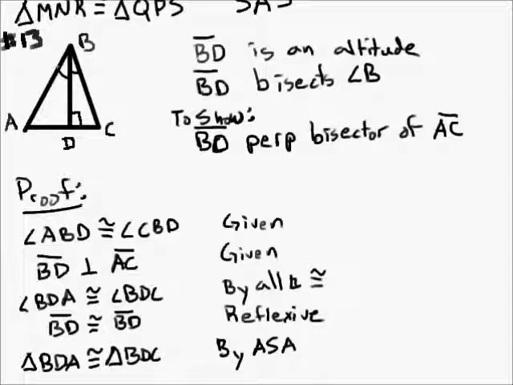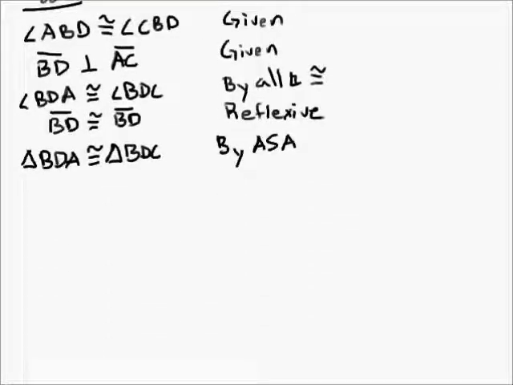First, I have this angle, this side, and this angle congruent to this angle, the same side, and then this angle. That's enough for ASA congruence. So we've got these two triangles congruent by ASA.